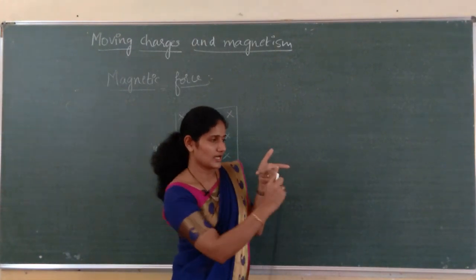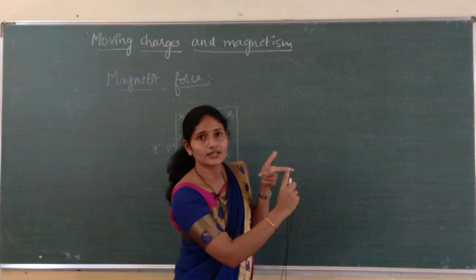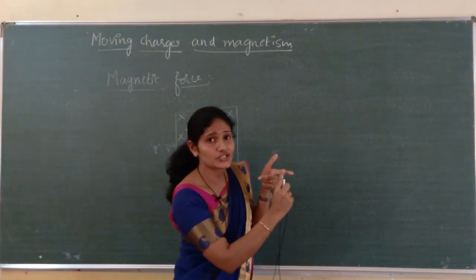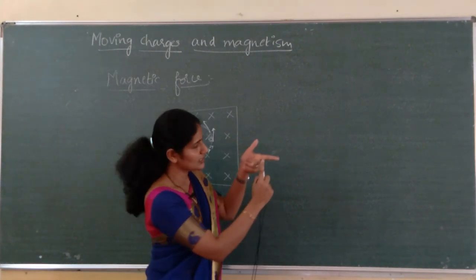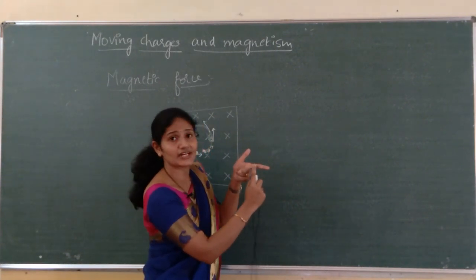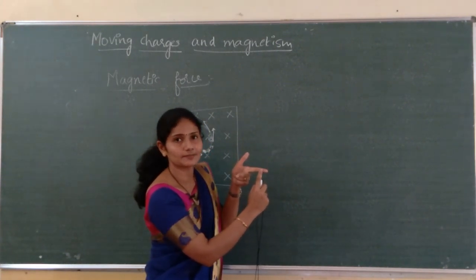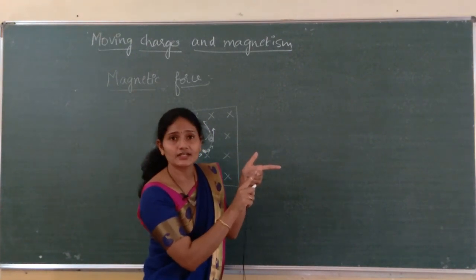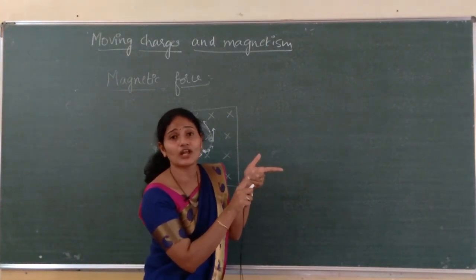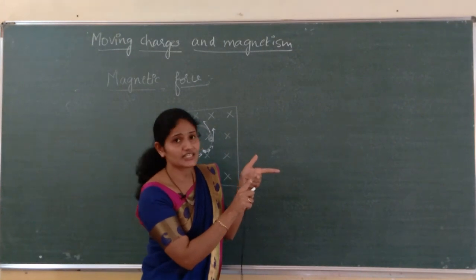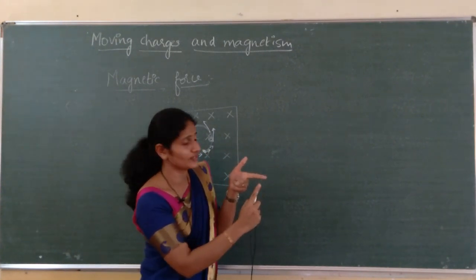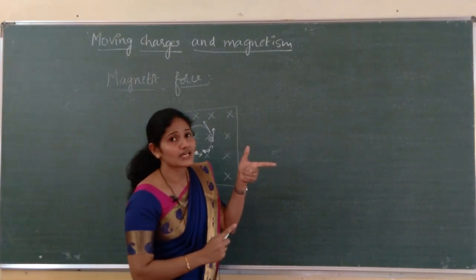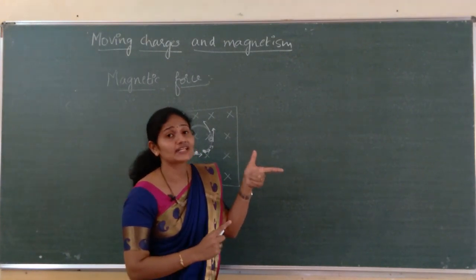So always this forefinger gives the direction of magnetic field. Magnetic field is a vector quantity. This middle finger gives the direction of velocity, and the thumb gives the direction of magnetic force.